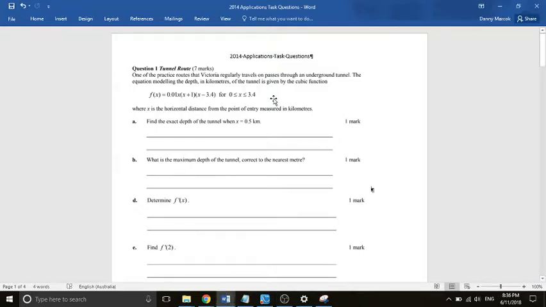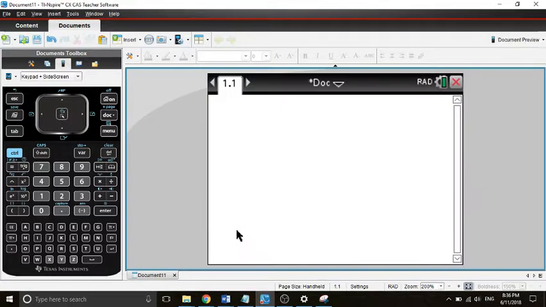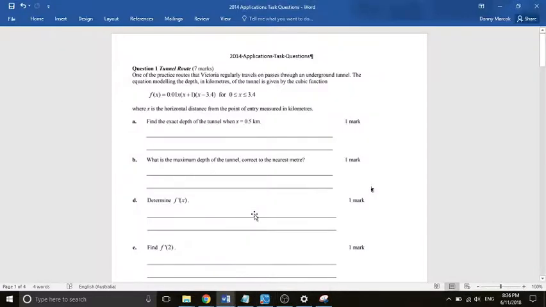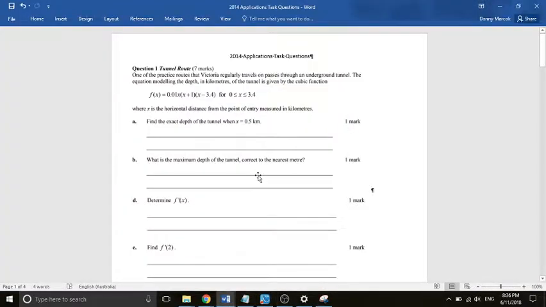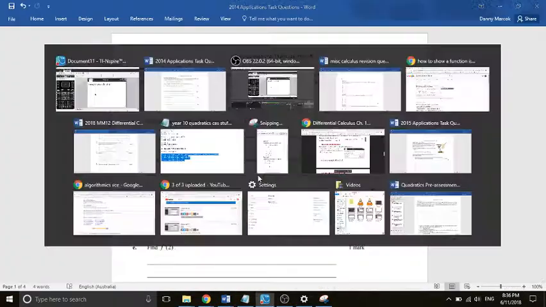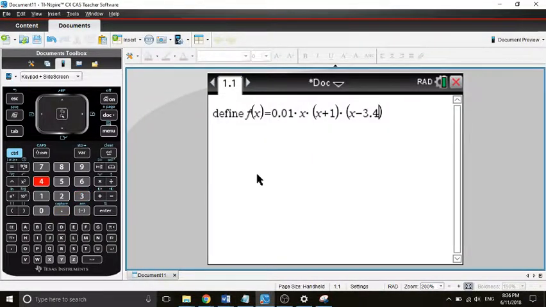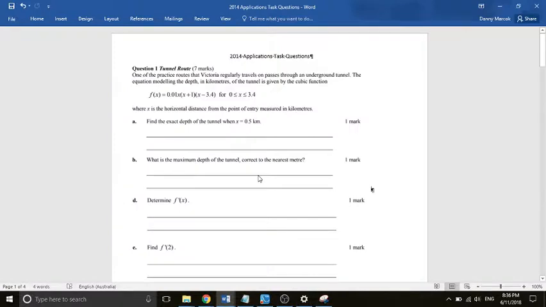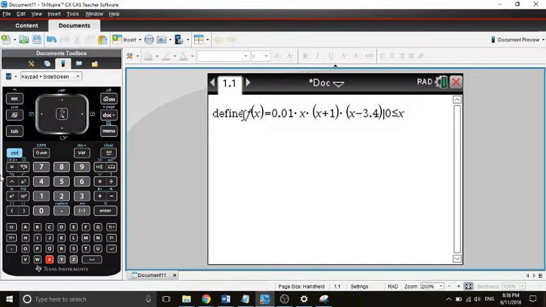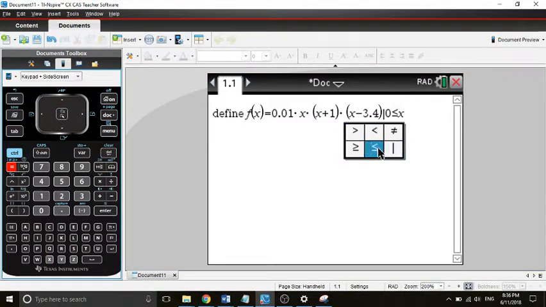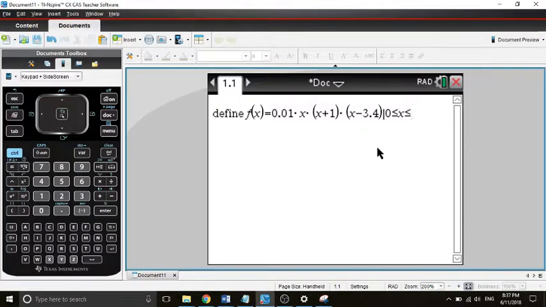Let's go to CAS. I'm going to say define f of x equals 0.01 times x times open brackets x plus 1 close brackets times x minus 3.4, between 0 less than or equal to x, which is less than or equal to 3.4.